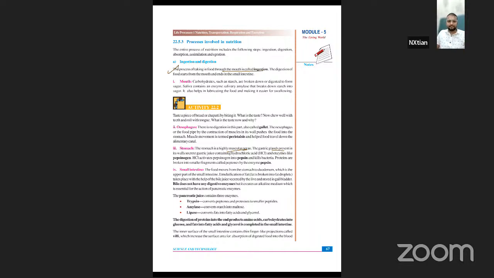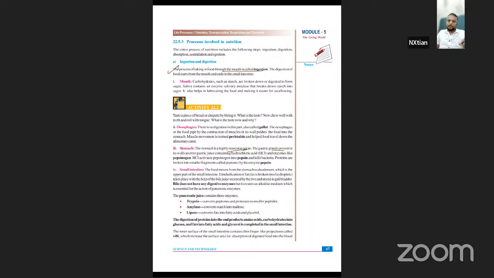Understood? See, when you eat food, for example, I take out a biscuit for you. I will put a biscuit in front of you. So when I'm taking a biscuit, from my mouth itself the digestion will start. We'll take one example.